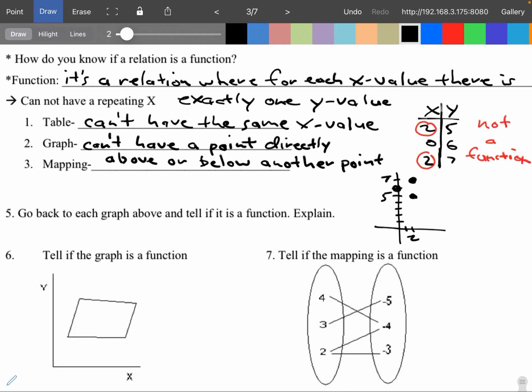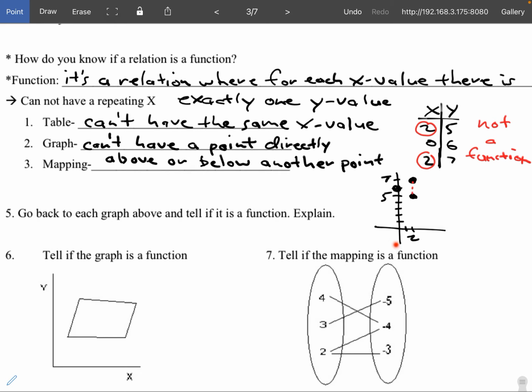Do you see a point directly above or below another point? Yeah. Because you have 2 mapping to 5 and you have 2 mapping to 7, right? That's just those points I have in that table. You should see right here that you have 2 points directly above or below each other.